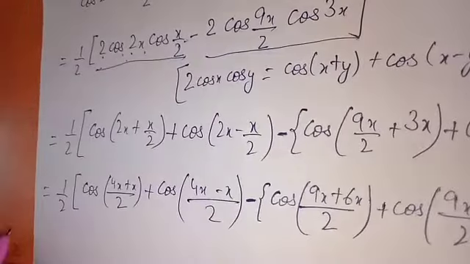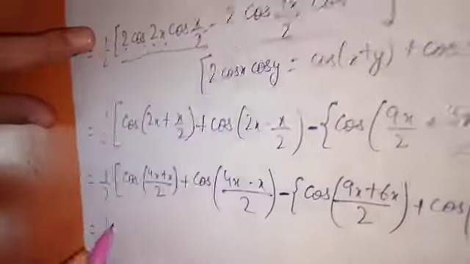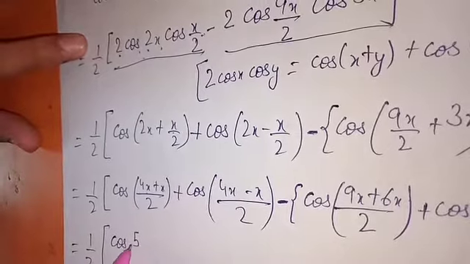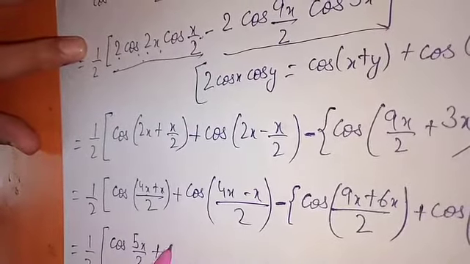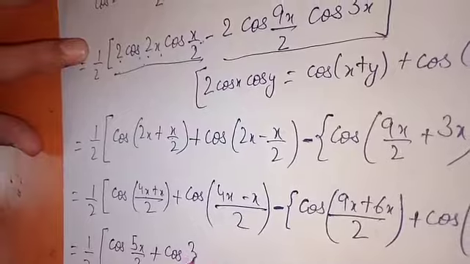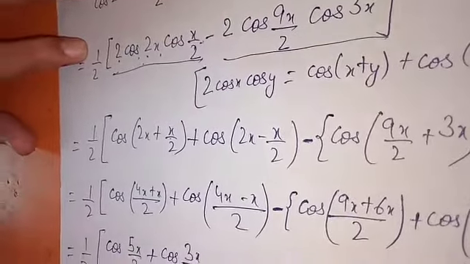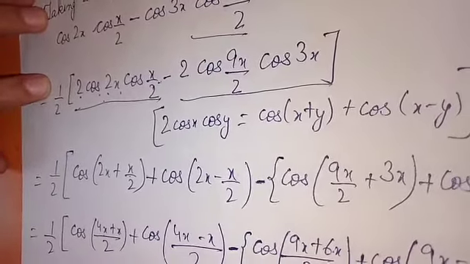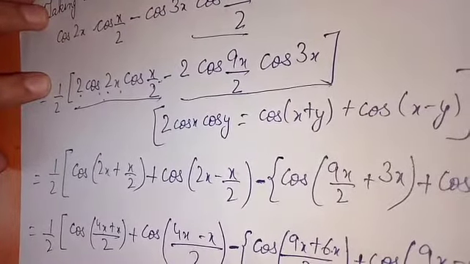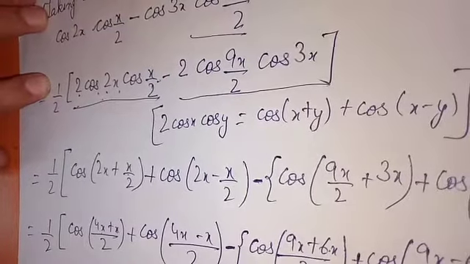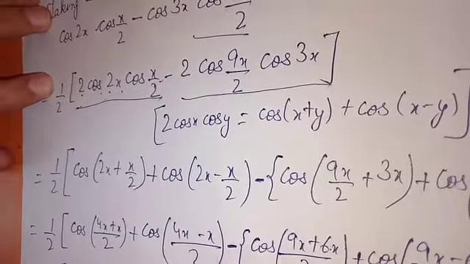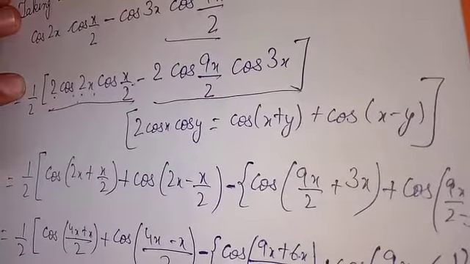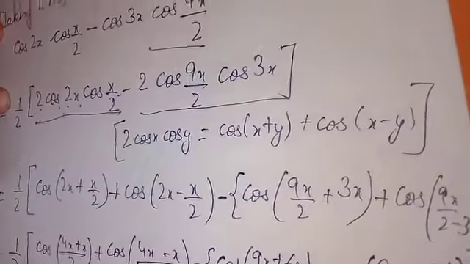Okay, now what we will get in our next step, 1 by 2 into cos of 4x plus x, 5x by 2 plus cos of 4x minus x, 3x by 2 minus 9x plus 6x, 15x by 2, cos of 15x by 2, and minus means we open this bracket, so you get minus sign both sides, minus cos of 9x minus 6x, 3x by 2.